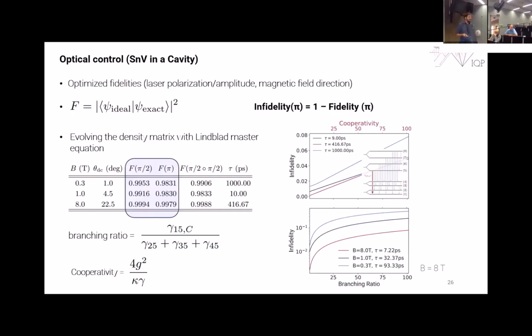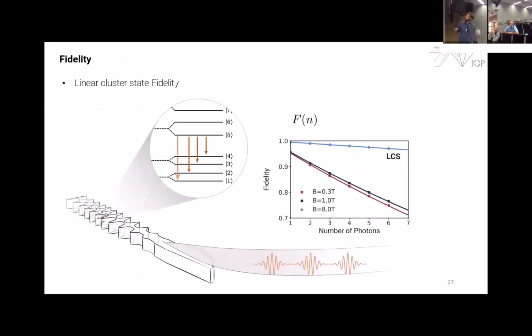So there's a sweet spot for your cavity, an ideal cavity parameter. You don't want to have infinite Purcell enhancement. And you can take this into account and, for example, benchmark your protocol with the creation of these larger entangled states.